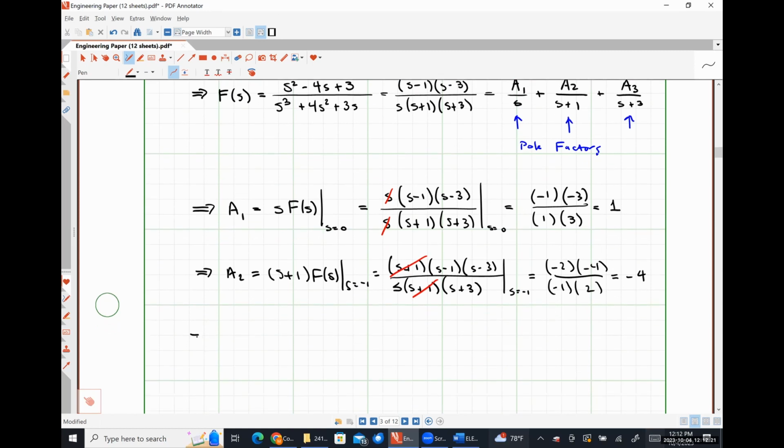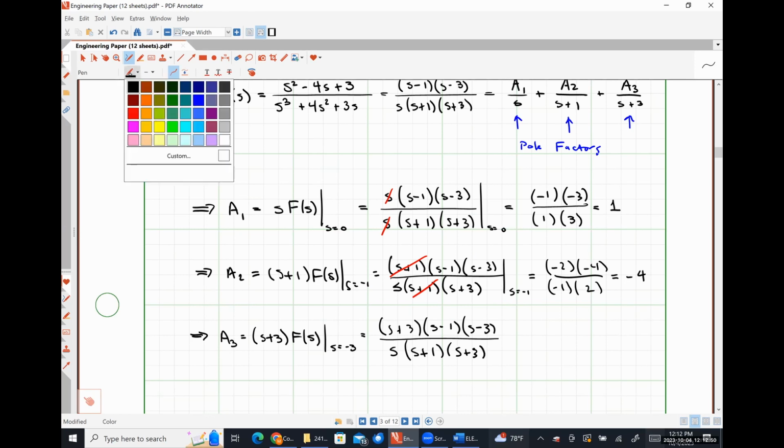And then our last one that we're going to solve for, A3, would be s plus 3 times f of s evaluated at s equal to -3. So that's going to look like s plus 3 times s minus 1 over s minus 3, divided by s times s plus 1, s plus 3.